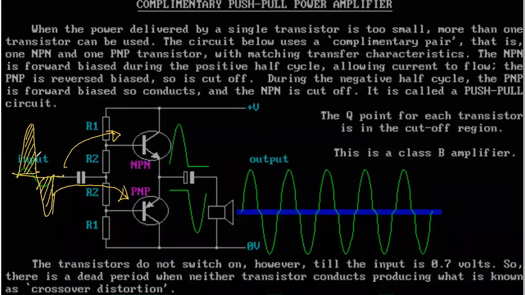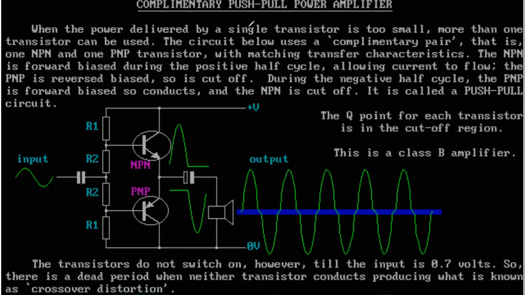You can use two transistors, and 50% you can manage with the support of this transistor, the next half with this transistor. Then this application we call the class B amplification.